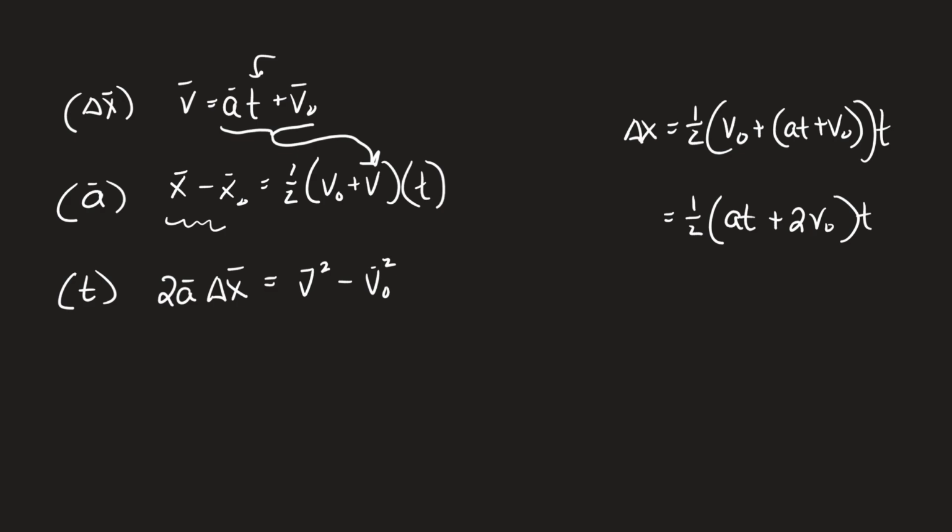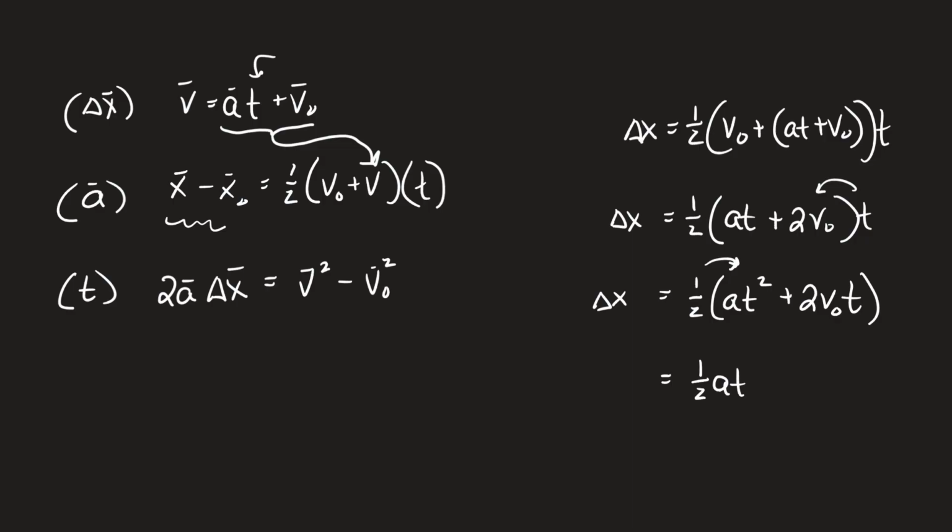Now I'm going to distribute the t from this side. You get 1/2 at squared plus 2 v naught t. And lastly, I'm going to distribute the 1/2 from this side and get 1/2 at squared plus v naught times t.